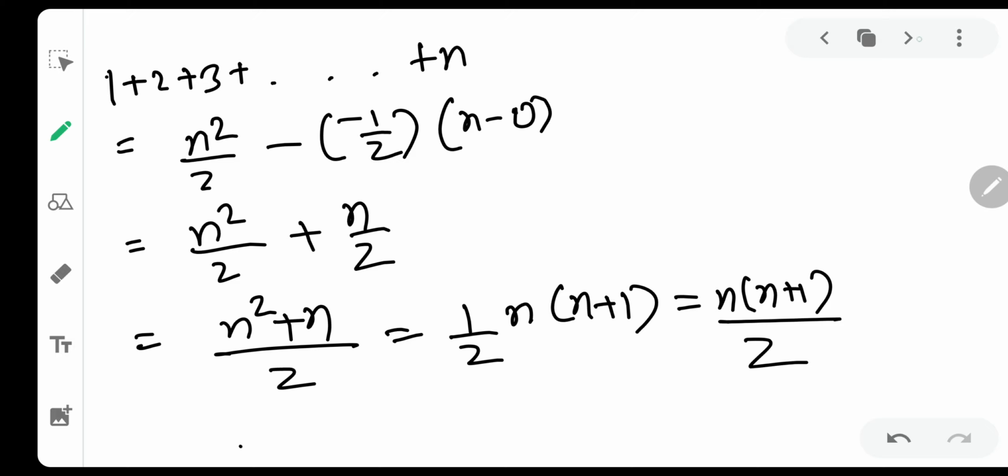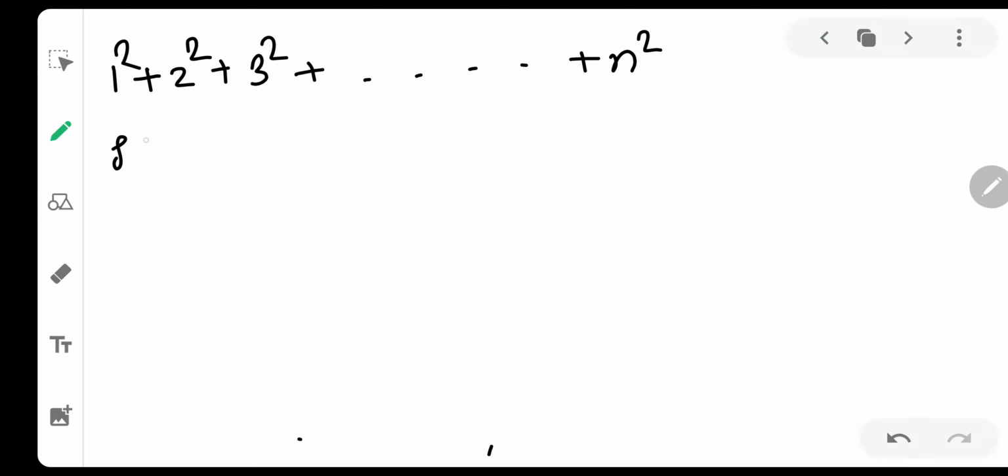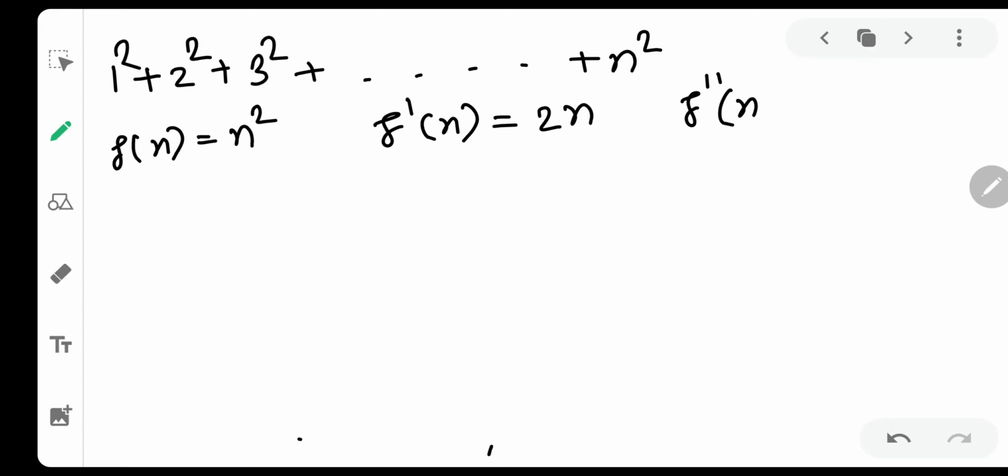Okay, so what I'll do is I will apply this formula for 1 square plus 2 square plus 3 square up to so on up to n square. So basically fn comes out to be n square, f dash n comes out to be what? 2n, f double dash n comes out to be 2.